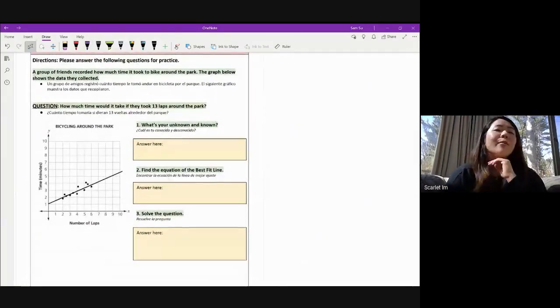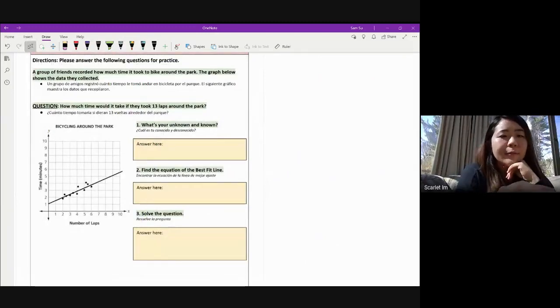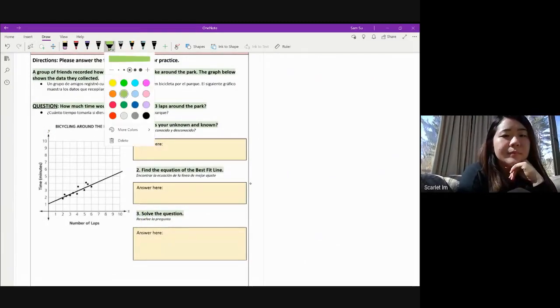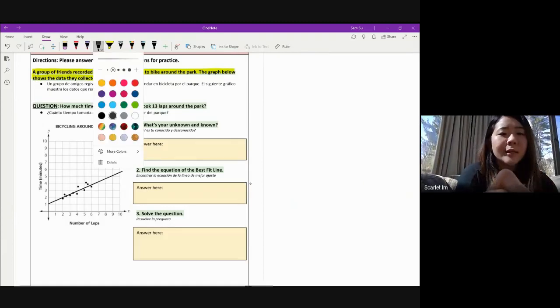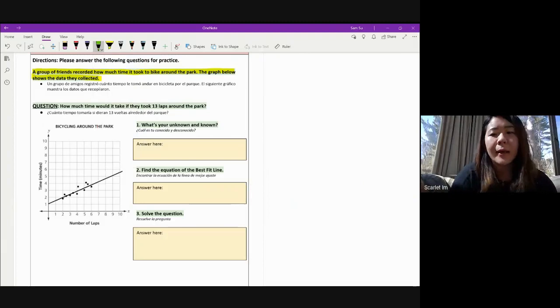So right now we have a problem where a group of friends recorded how much time it took to bike around the park. The graph below shows the data they collected. So if we were to use our imagination, there is a park, and a group of friends decided to go on a bike ride around the park.